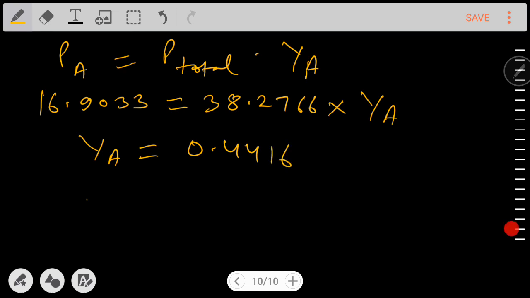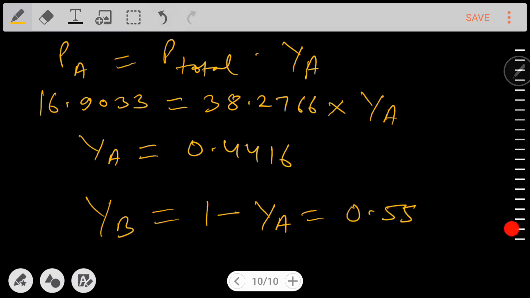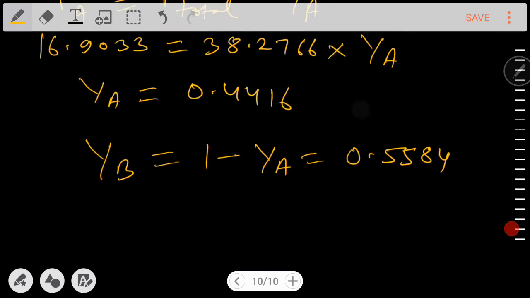And YB, that is the mole fraction of B component in the vapor phase, can be determined by 1 minus YA, as the sum of YA and YB will be 1. So this will be 0.5584. We can determine the value of YB using this formula also.